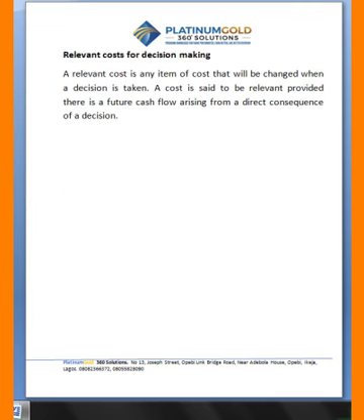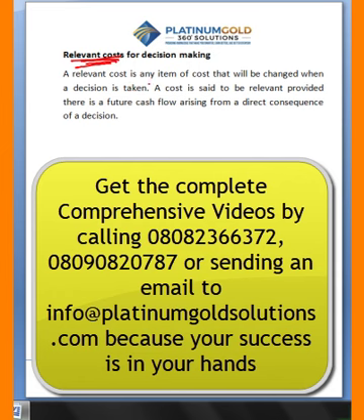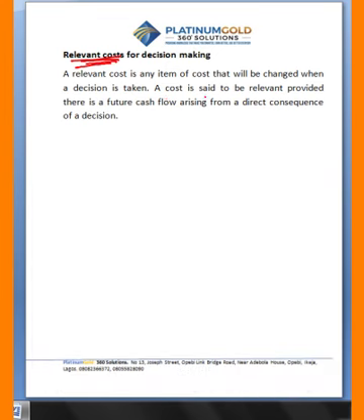Now, when we talk about short-term decisions, there are decisions that are based on relevant cost. And when we talk about relevant cost, a relevant cost is any item of cost that will be changed when a decision is taken. A cost is said to be relevant provided there is a future cash flow arising from direct consequence of a decision.